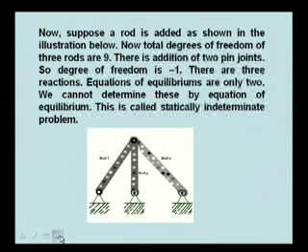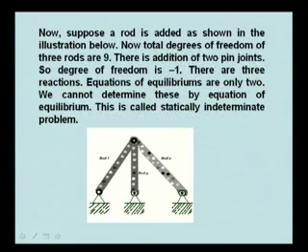Now suppose a rod is arranged as shown in this one. The total degrees of freedom of all the rods combined is 9, because each rod has 3 degrees of freedom if it is unconstrained. There is an addition of 2 pin joints, because this is constrained here, then again it is constrained at this end also, so it can be considered as a separate pin.